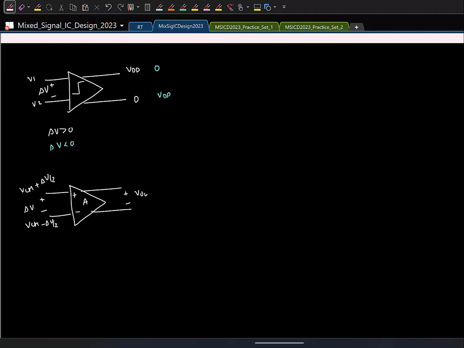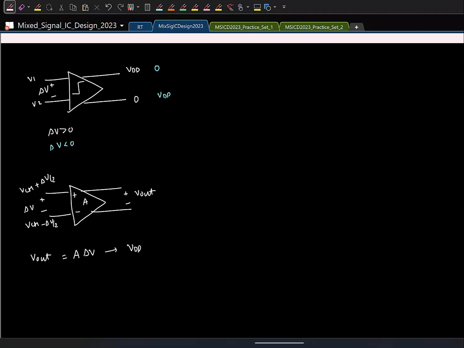So the output will be A times delta V, and we hope that if this is large enough, it might reach VDD. Similarly, if it's small enough, it will go to ground. Fine.